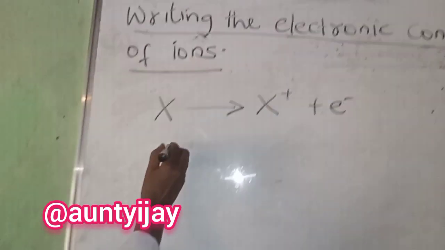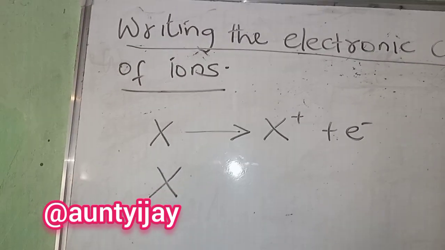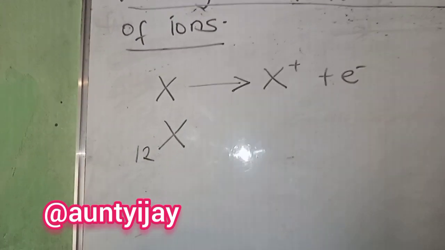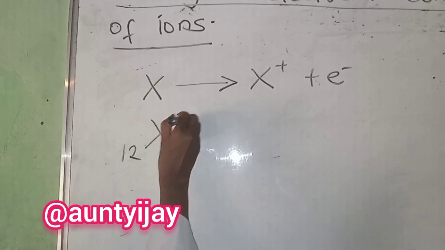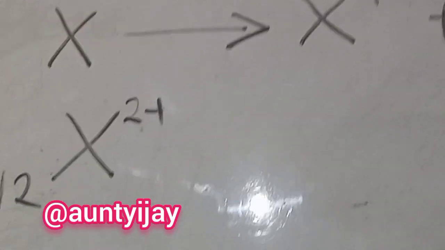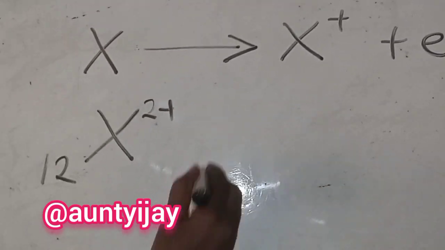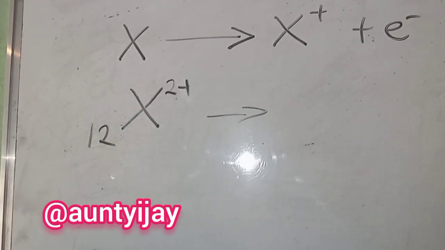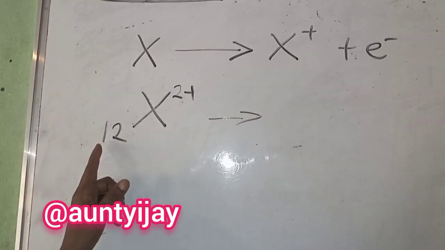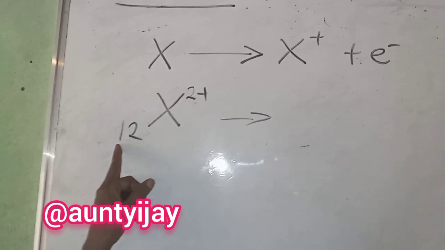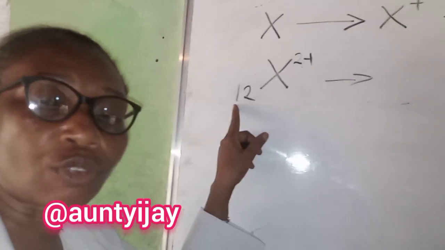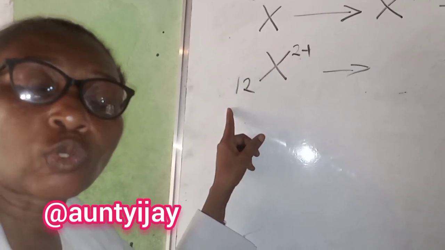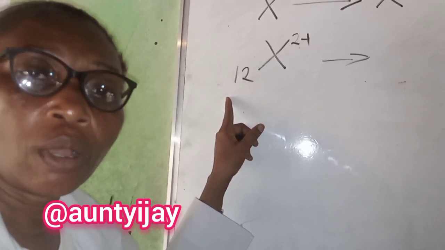If you have an atom X with atomic number 12 and it is an ion carrying a 2+ charge, it tells you that the atom X lost 2 electrons. So if we are writing the electronic configuration of X, we will represent 10 electrons, subtracting the 2 electrons from the original 12 electrons possessed by an atom of that element.